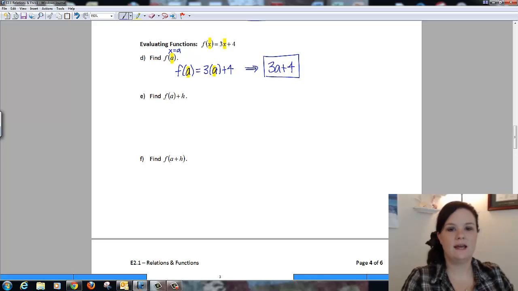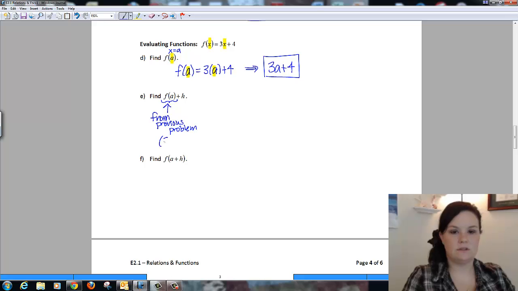This one says f of a plus h. Now this little piece is the piece that we just did in the last problem. So I'm just going to say, from the previous problem, we know that this equals 3a plus 4. And now all we have to do is add h to it, right?